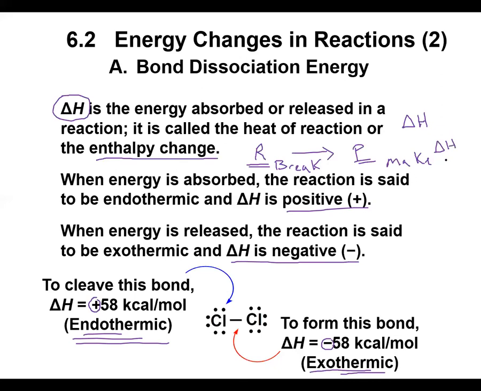For our purposes the number is not super important, and you'll see it being either positive or negative. From that, you'll be able to determine whether the reaction is exothermic or endothermic.